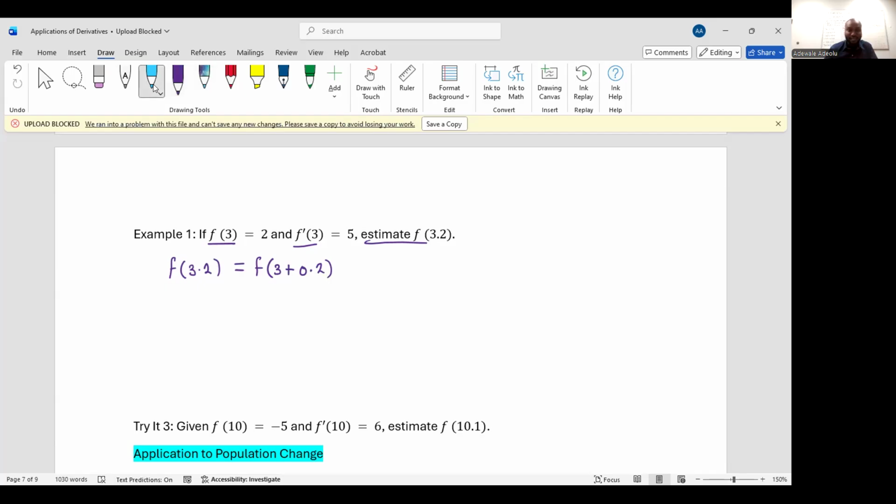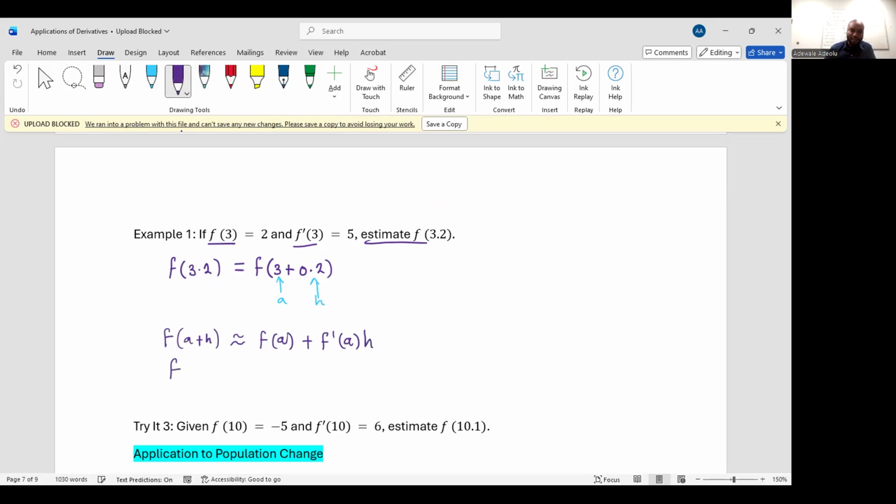So in that case, I'm saying this is A, I'm saying this is h. And then I can use my formula. f of A plus h is approximately equal to f of A plus the derivative of f at A times h.